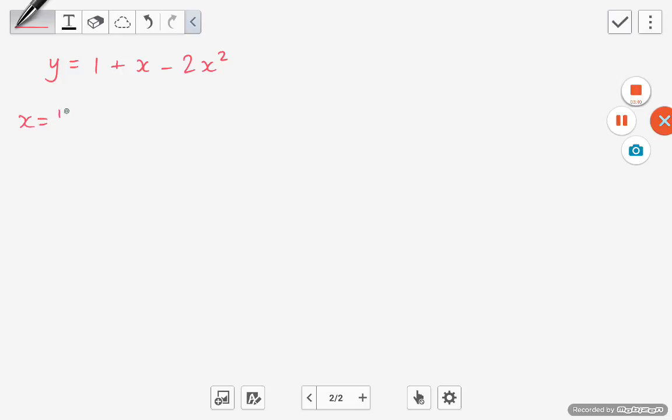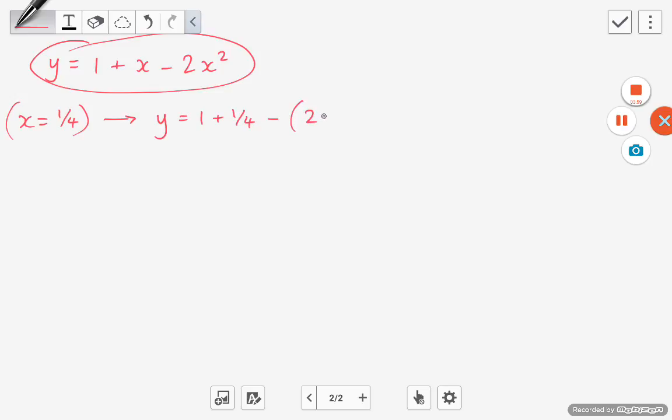We know that already. So let's substitute x equals a quarter into the original equation to get the corresponding y value. So the y value would be 1 plus a quarter take away 2 lots of a quarter squared.